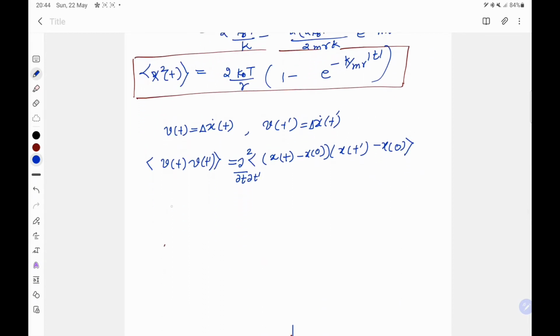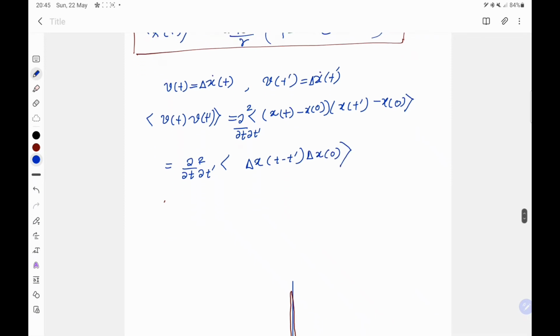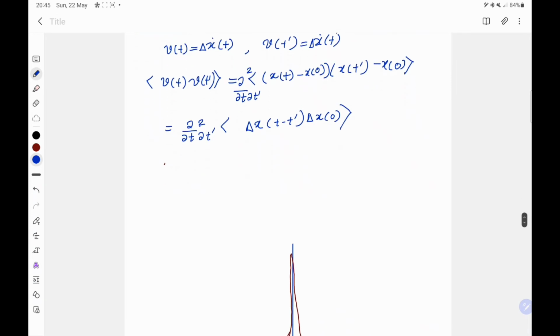Now if you expand it, so you will have delta t, you can just simply write del 2 del t prime of delta of x, delta of x t minus t prime delta of x0 from the first one. This one is also true.